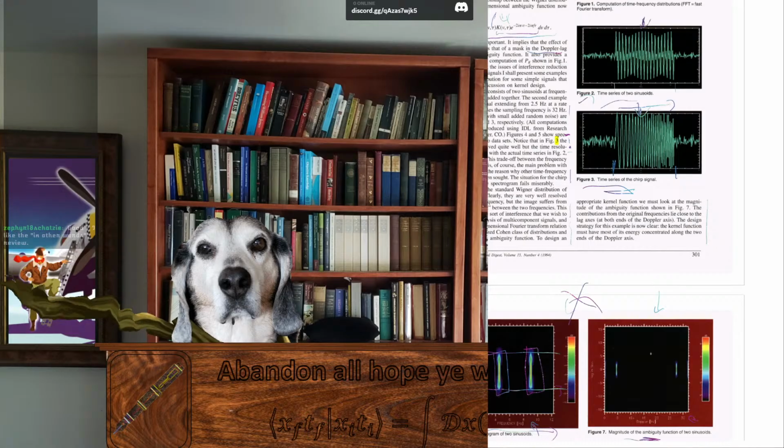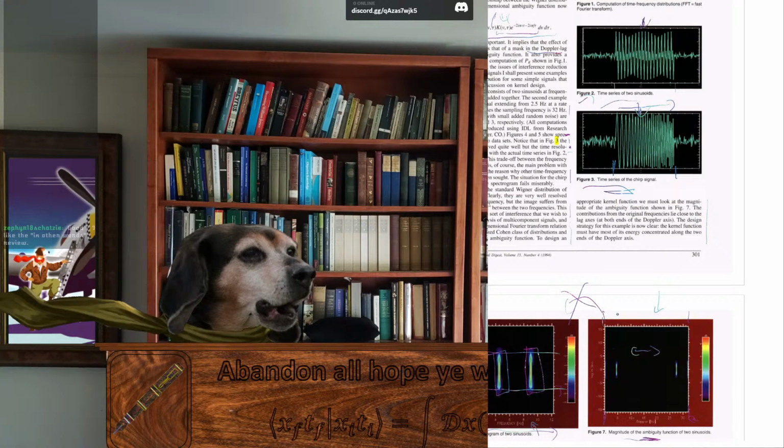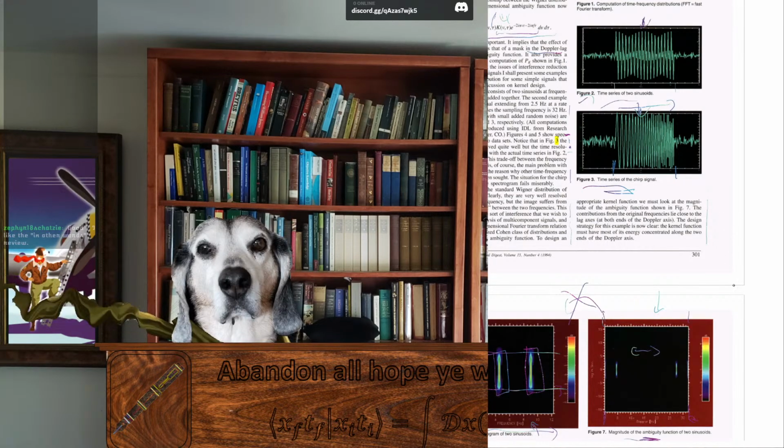So what we've said is, if we can separate these out in Doppler, the contributions to the original frequencies lie close to the lag axis at both ends of Doppler, right? So these here are where most of the actual energy sits.